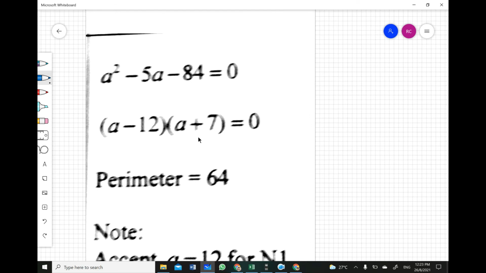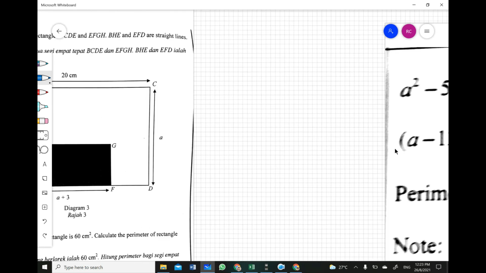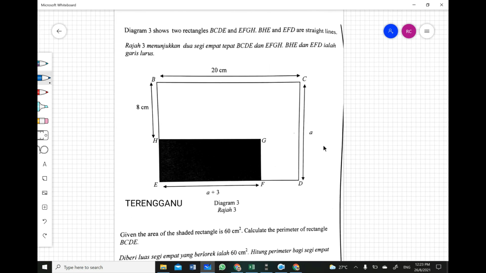So we are going to take the one which is 12. And we replace the A that is stated over here. So this is 12 here, the A. Of course, the opposite side is the same, so we will have 24. This is 20, the opposite will be the same, so you add 40. Therefore, the perimeter that you get is 64.